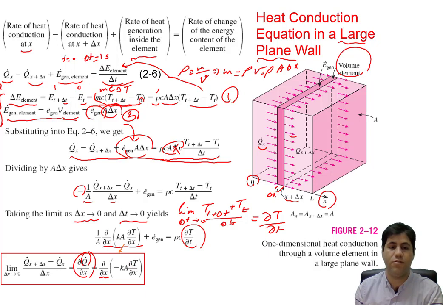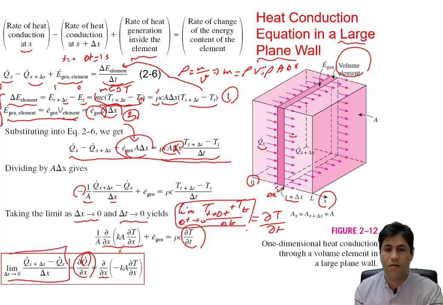We just substitute this here. I hope it is clear for you. It is just from differential equations, but simply you need to know that this limit means this, and this limit means this term.